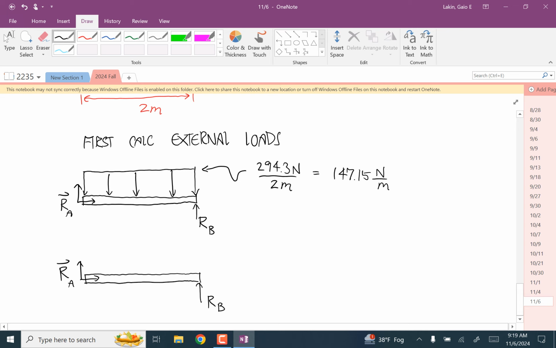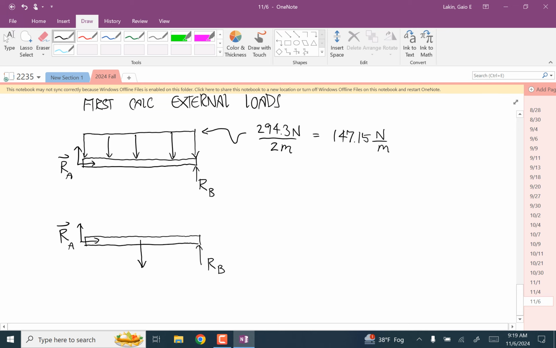As we know, the centroid of this rectangle is right in the middle. The magnitude of that point force is the area, which is 294.3. Notice that I didn't jump from the distributed load to the point force until I was clear to myself about what the body was that I'm isolating.